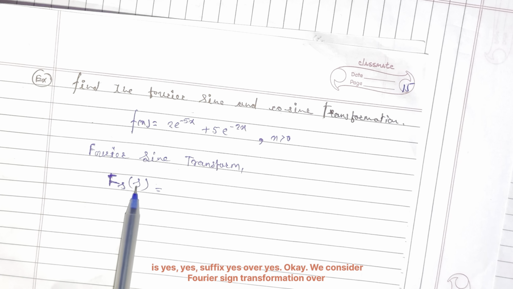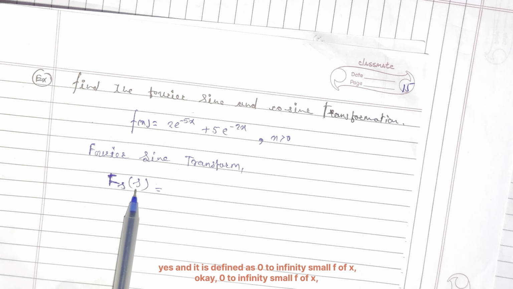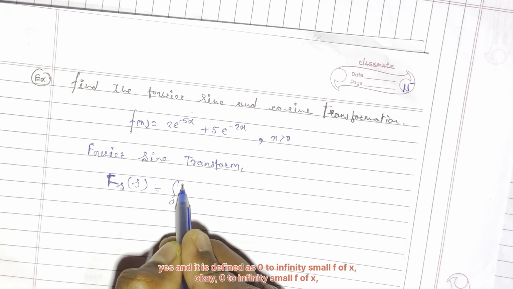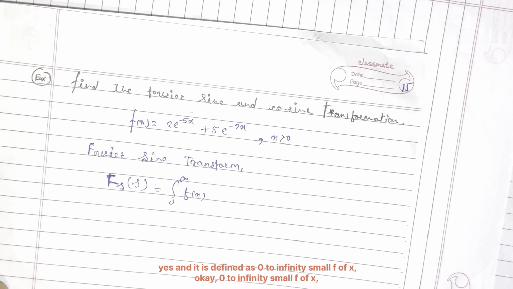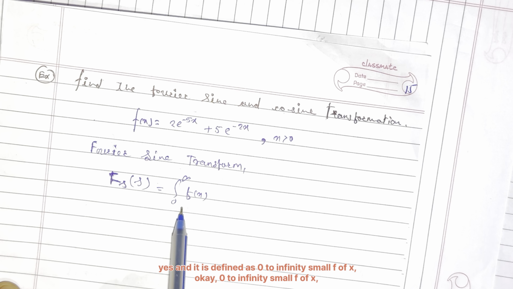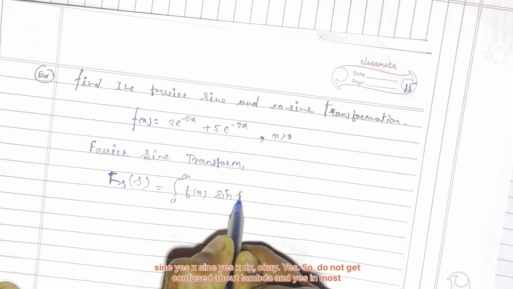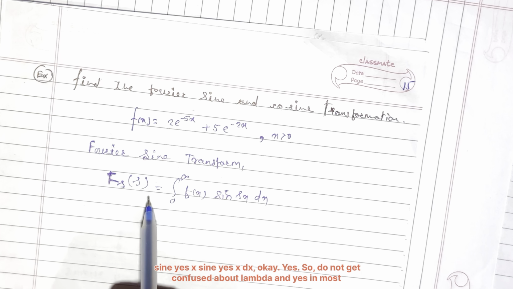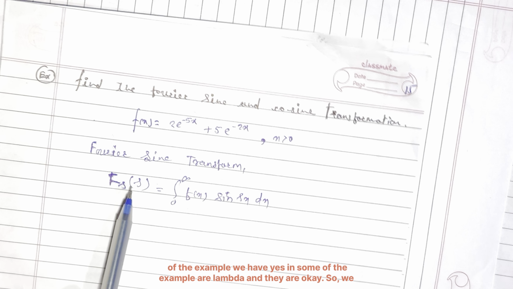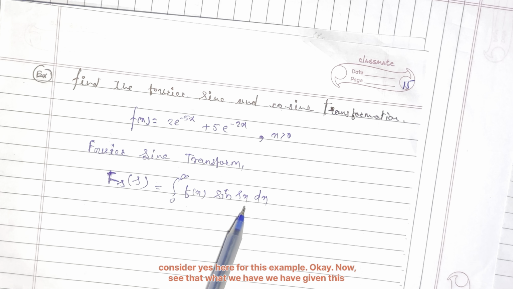We consider the Fourier sine transformation over s, and it is defined as the integral from 0 to infinity of small f of x sine sx dx. Don't get confused about lambda and s. In most examples we have s, and in some examples lambda is used. We consider s here for this example.